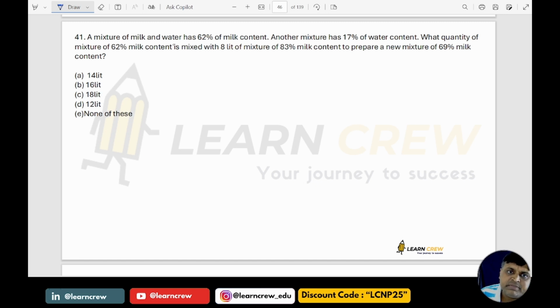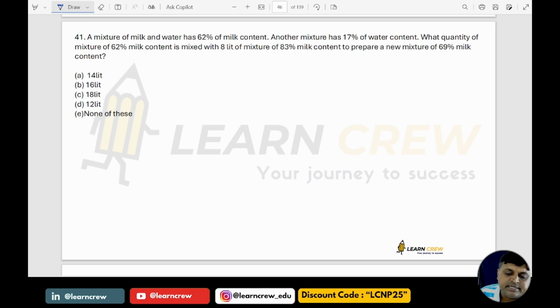41. A mixture of milk and water has 62% milk content. Another mixture has 17% water content. What quantity of mixture of 62% milk content is mixed with 8 liters of mixture of 83% milk content to prepare a new mixture of 69% content?